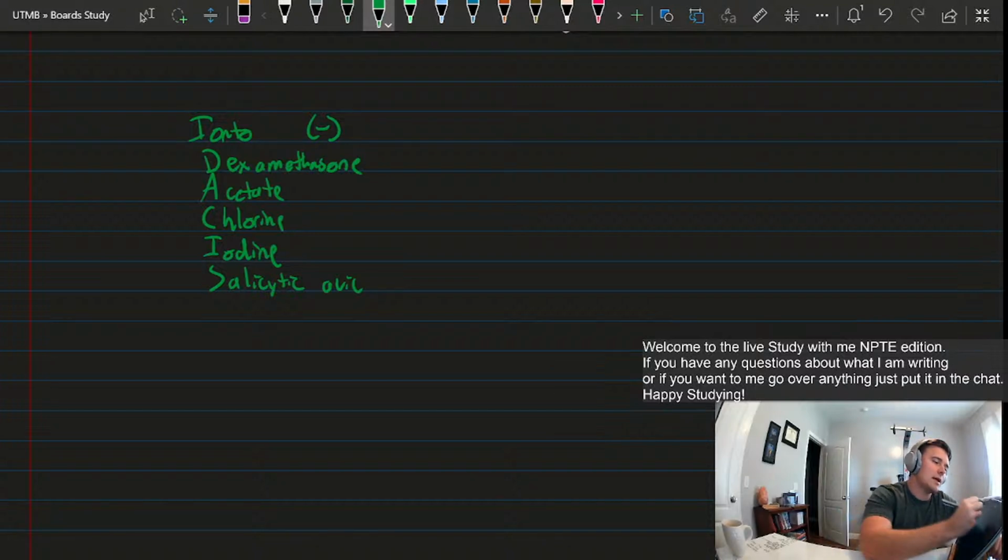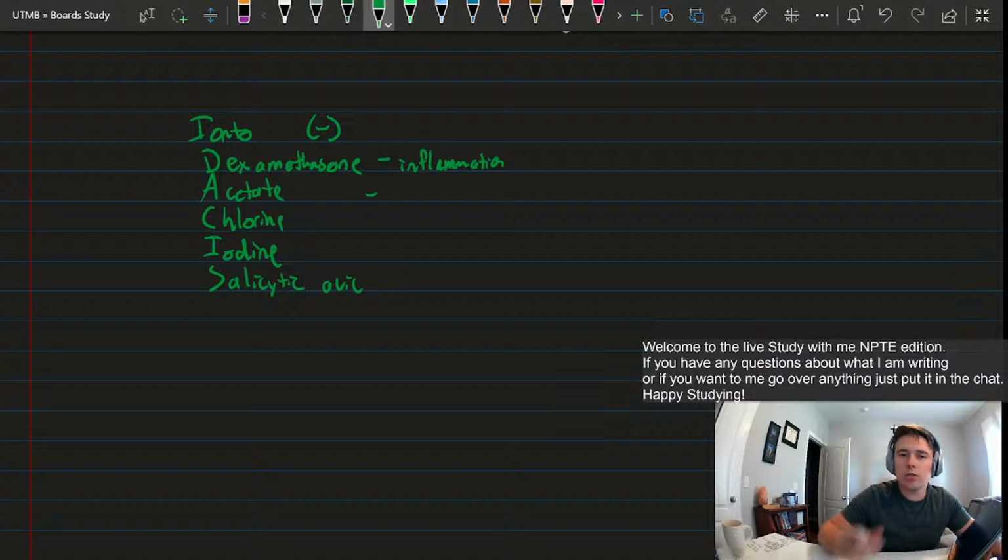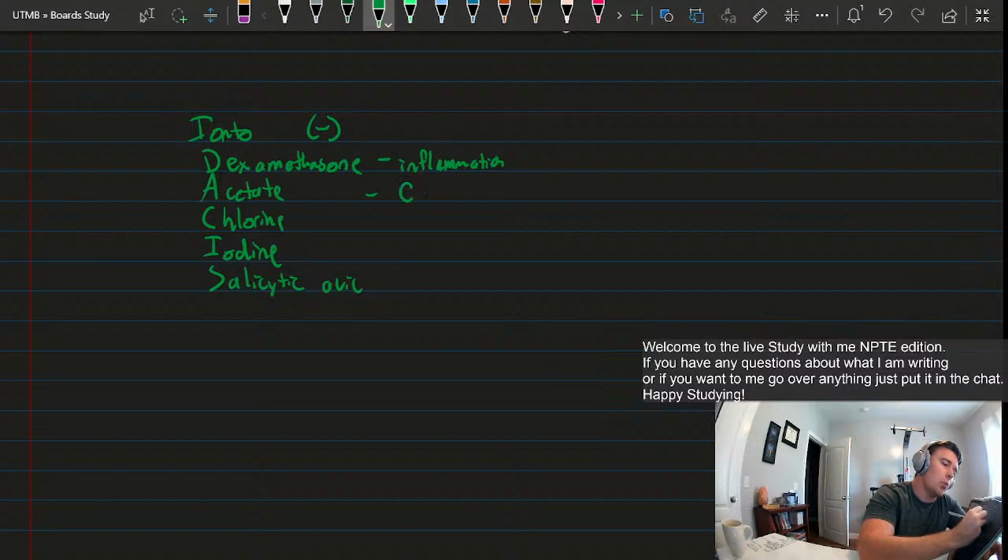So dexamethasone is going to be for inflammation. Acetate, if you remember from chemistry class, is your vinegar or acetic acid, so that's going to get rid of all of the limescale, calcium, rust, stuff like that. Your CLR that you buy in the store is just glorified acetic acid, which is vinegar. So this is going to help with calcium deposits.